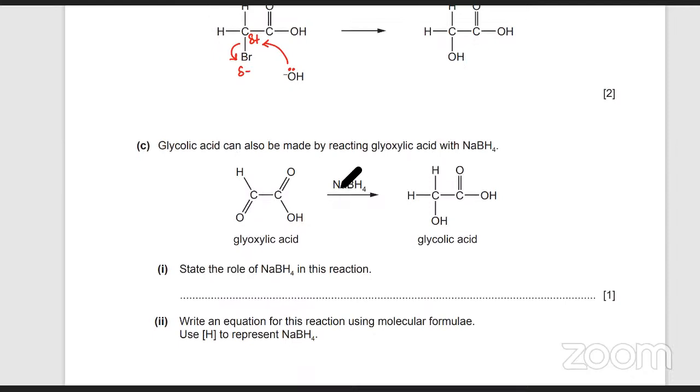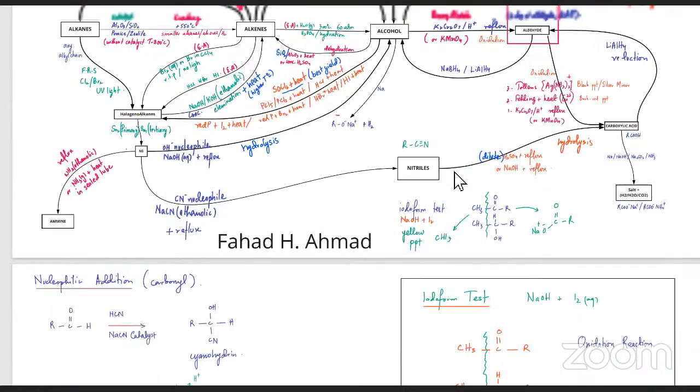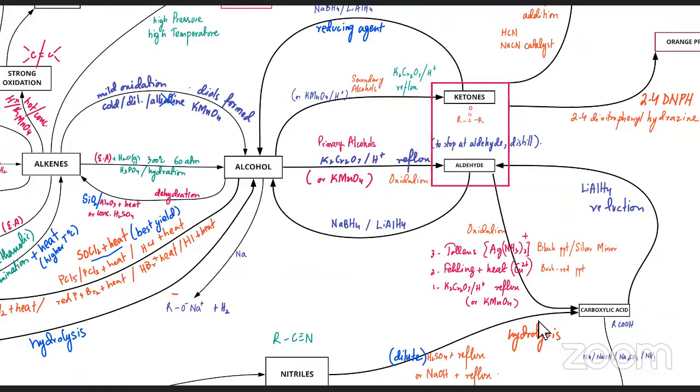What does NaBH4 do? Reducing agent. NaBH4 basically turns things back. A carboxylic acid can be turned back into an aldehyde, can be turned back into an alcohol. Well, NaBH4 can only turn back an aldehyde into an alcohol.